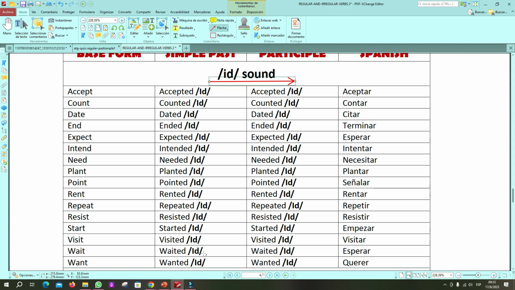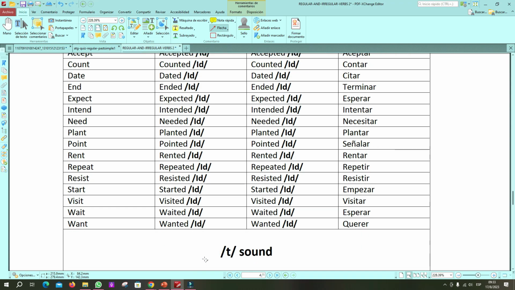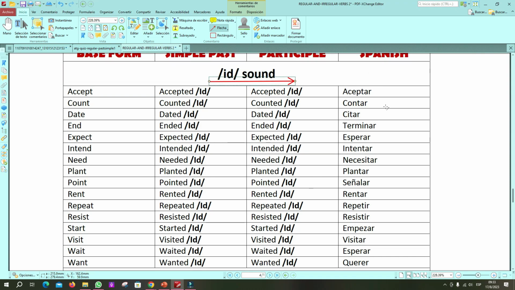Wait, waited, want, wanted, right? And also here you have the Spanish meaning in this case.